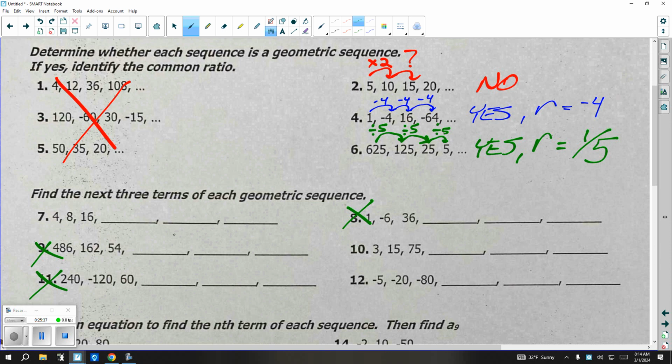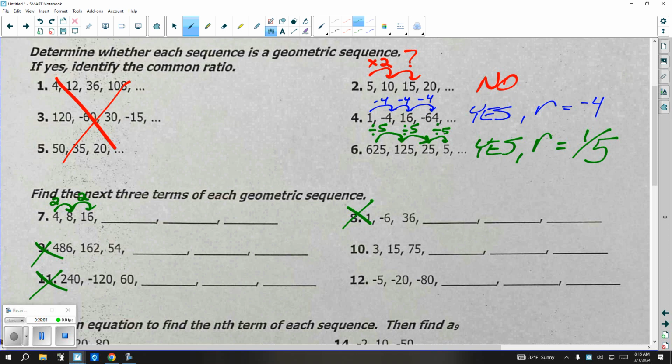Okay, so multiply by 2. Multiply by 2. You find the next 3. Can you find the next 3? Hint, you should multiply by 2 each time.